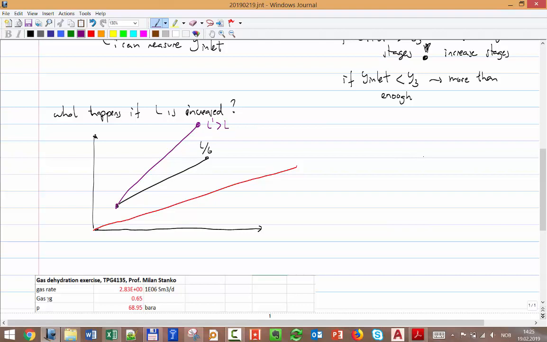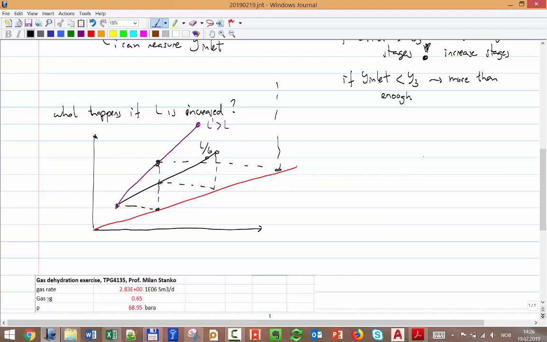What happens with the number of stages? If we start from the same point, but now we go up much higher, you see? While in this case, I will have to go to here. Then I reach this point, and maybe I go higher. So that means I achieve Y inlet much faster.